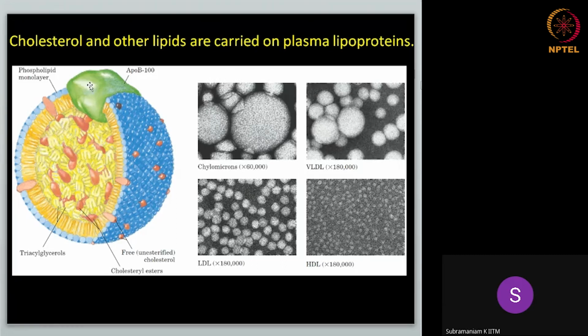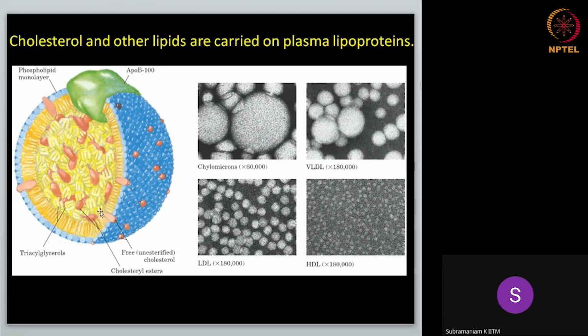Because cells have receptors for specific apoproteins, that helps these lipoprotein particles to bind to them, and then the receptor-apoprotein interaction helps in internalizing these lipid carriers.